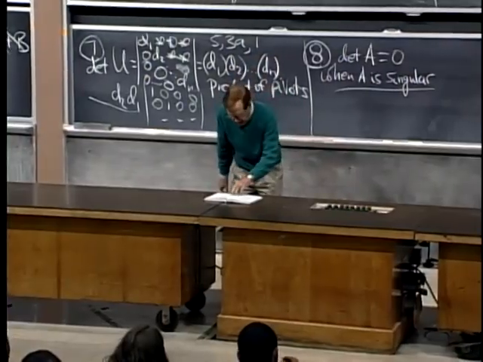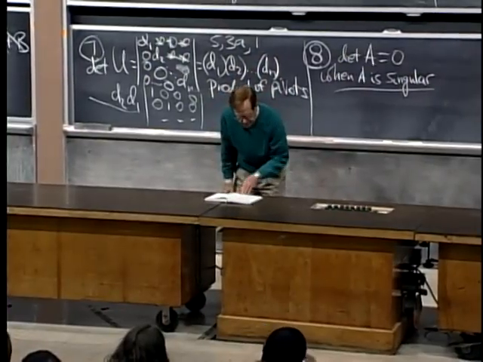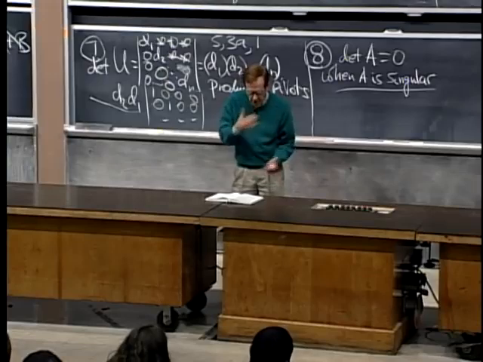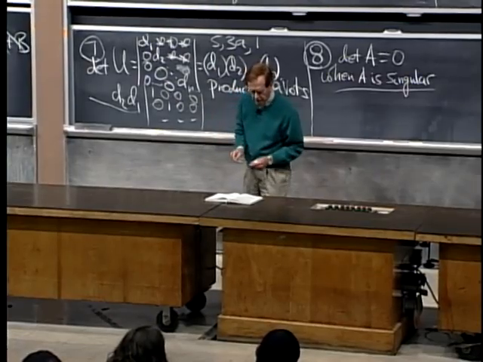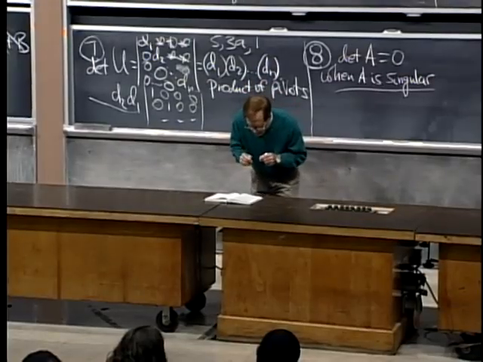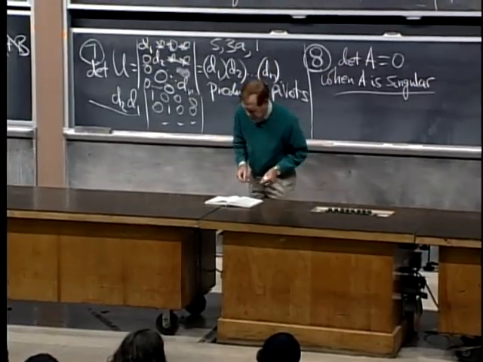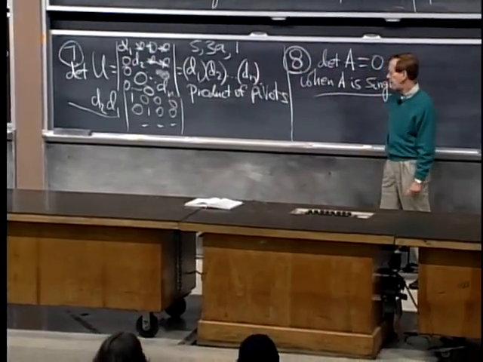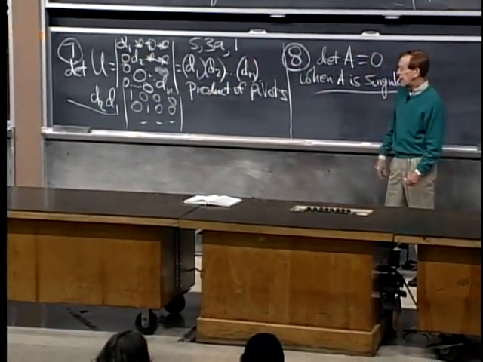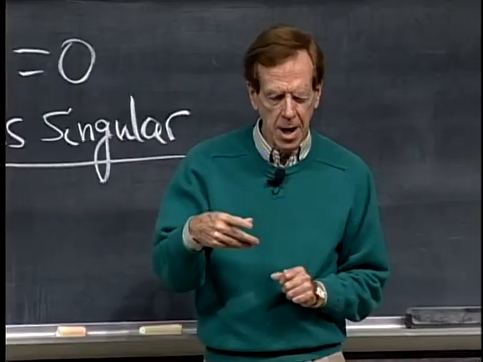Did I have anything to say? The proof that starts by saying, by elimination, go from A to U. Oh, yeah. Actually, looks to me like I haven't said anything brand new here. Because let's just remember the reasoning.